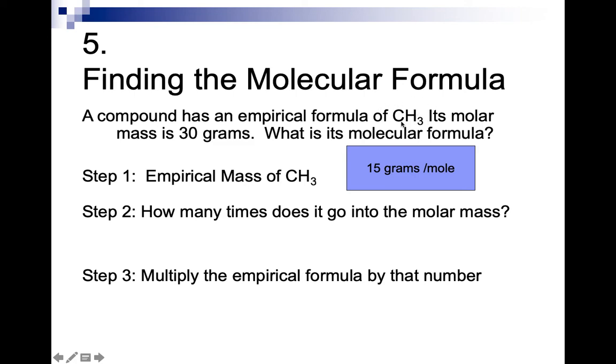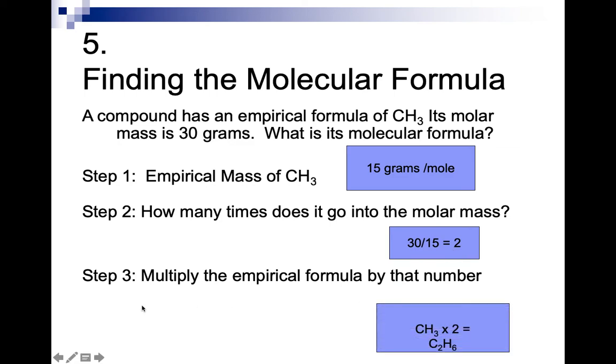So I take the empirical formula and I find out what the empirical mass of that is. And then it asks me how many times it goes into the molar mass. So in this particular case, you take the molar mass, 30, divided by what you calculated the empirical mass to be, and it gives you the number 2. So that's how many times it goes into the molar mass.